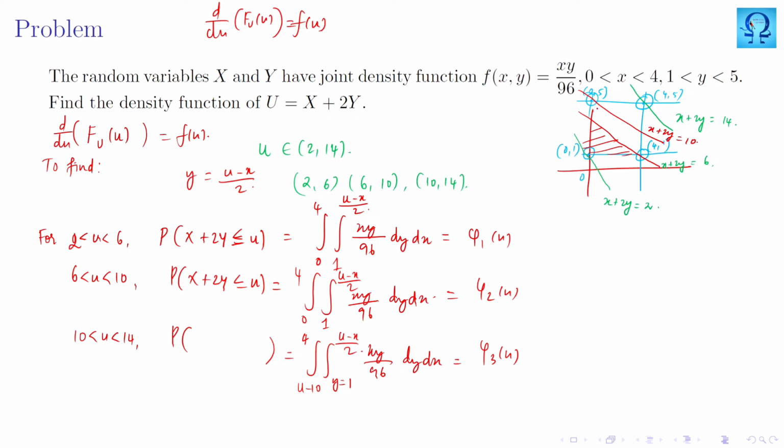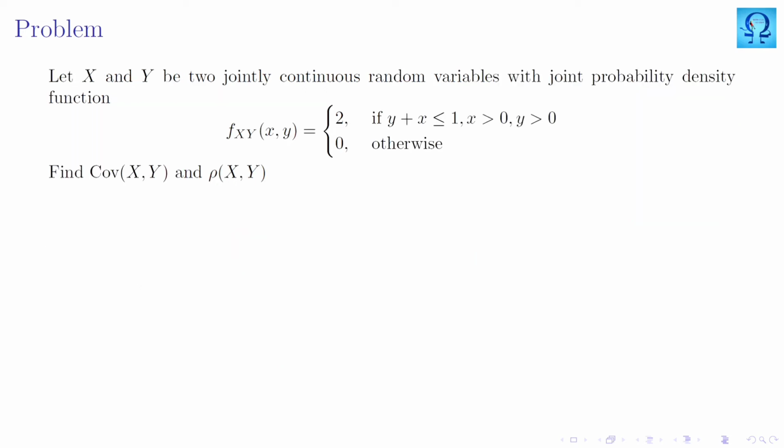Next we find the probability in this region, then in this region. So this is how we calculate. All you have to do is use your calculus ideas here. Just perform it and calculate its value. You will have some values, right?